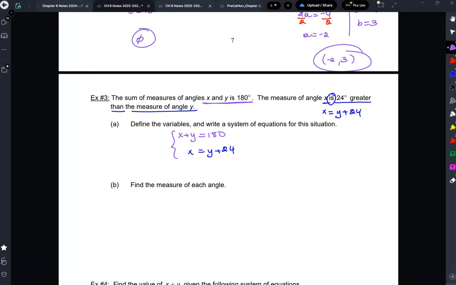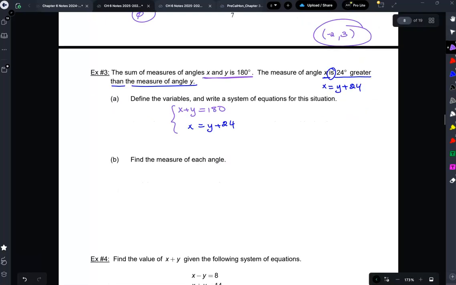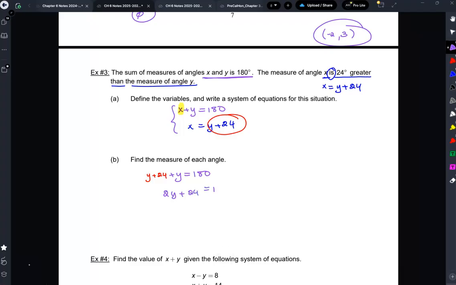All right. So now let's do this. I have x solved, so I'm going to plug it into there. It's going to be y plus 24 plus y is 180. So 2y plus 24 is 180.